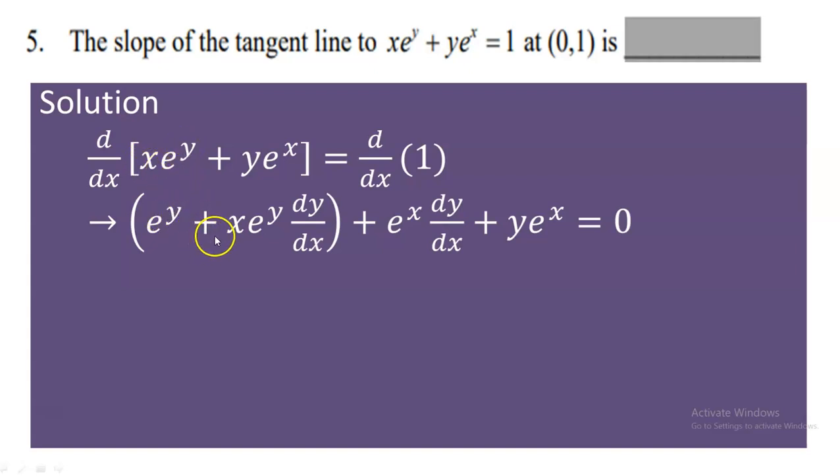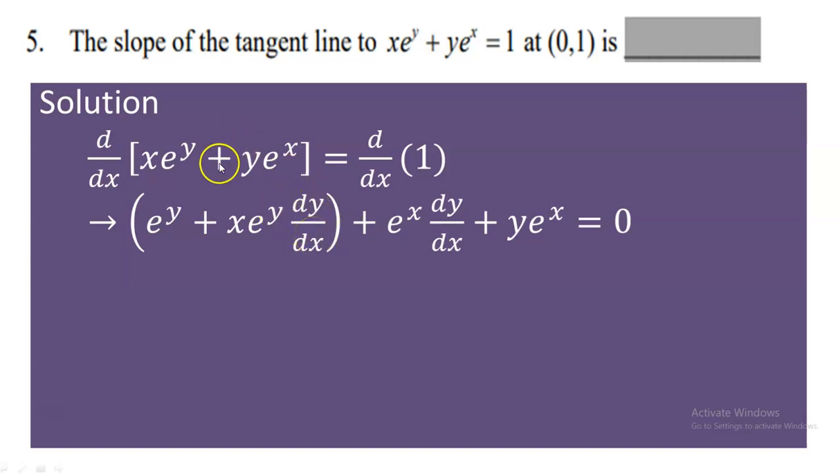Then you have plus. Now you take x as it is, and e to the power of y is the term to be differentiated. The derivative of e to the power of y with respect to x is e to the power of y itself, but you need to have dy over dx here because the derivative is with respect to x on y.